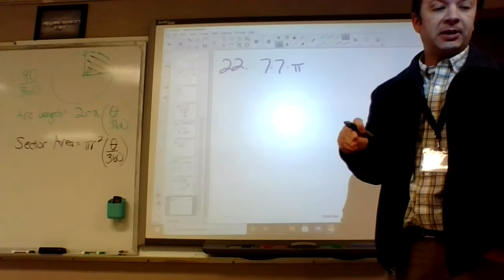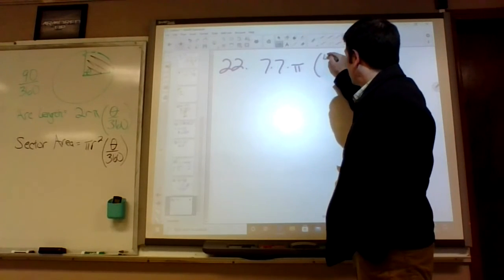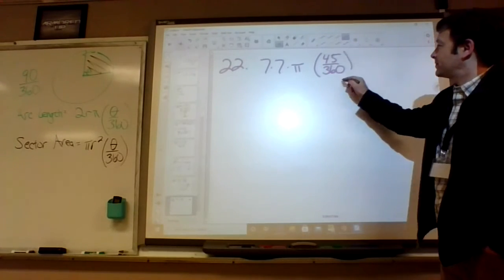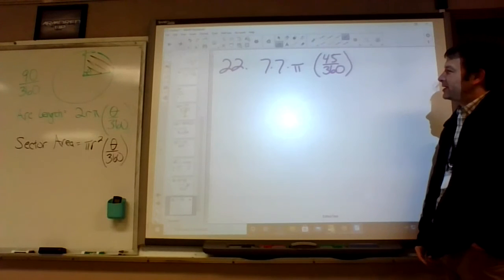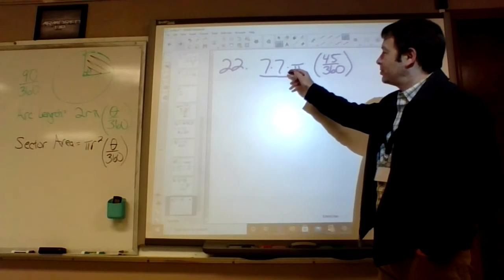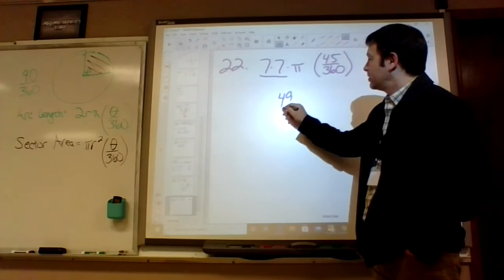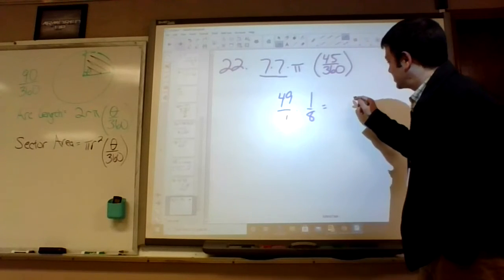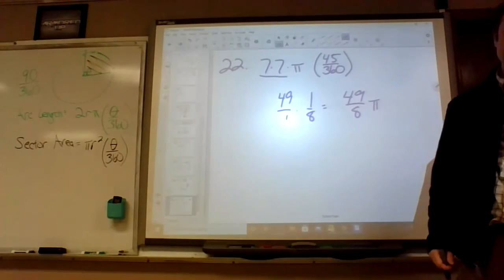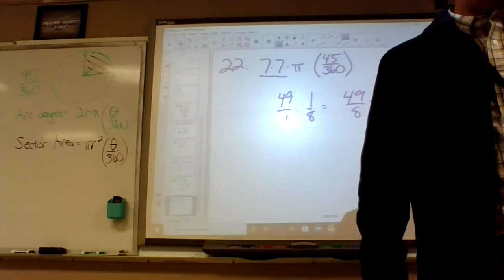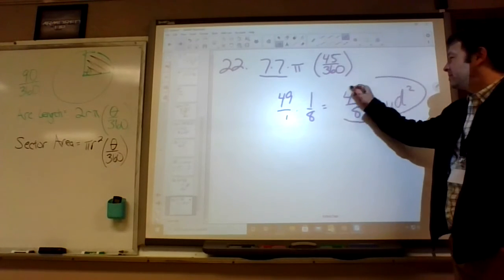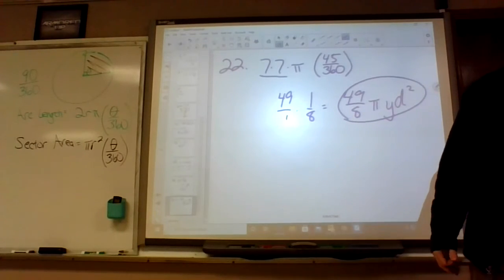And then times what? 45 out of 360. 45 is half of 90, 90 is 1/4, so that's like 1/8. So if we want to leave the fraction form, it's 49 eighths times pi, yards squared. I'm not going to make you do the fractions. If you got a decimal or a mixed number or whatever, that's fine.